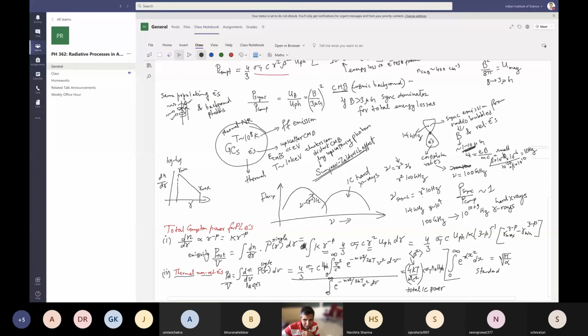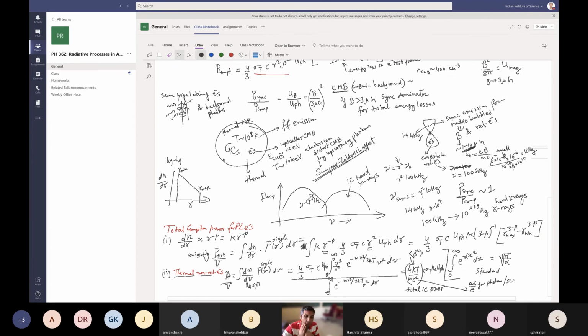What it means is that this represents delta E by E for photons per scattering. It's basically this beta squared factor. Anyway, we'll come to this later.